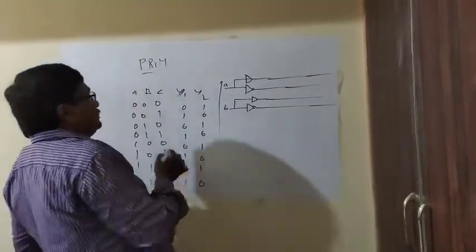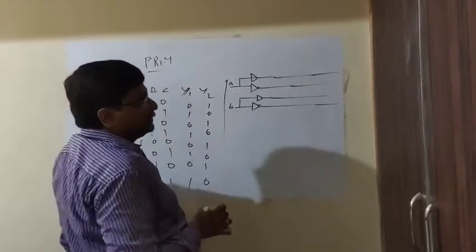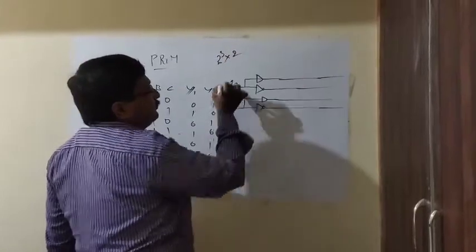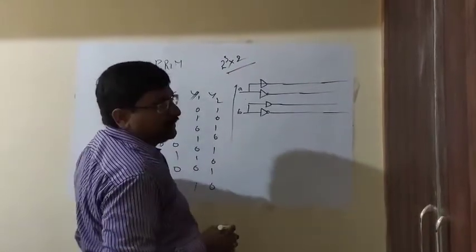So I am taking here 3 inputs. It is the combination of 2 power 3 into 2. This is the PROM which is going to be designed.